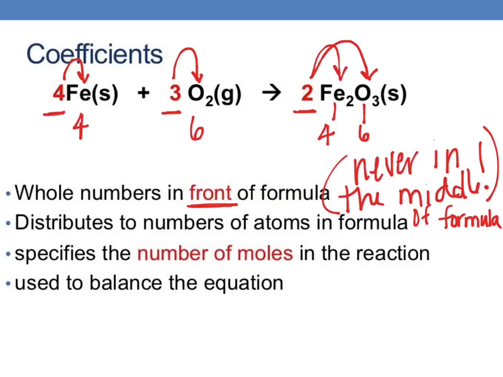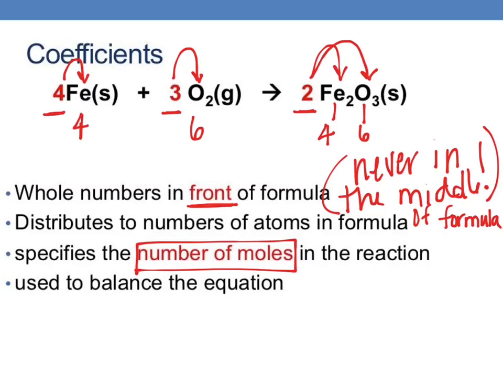In the next unit, we're going to be using these a lot, and I'm going to say 2 moles of Fe, and that means that coefficient is 2. Or here, 4 moles of Fe. So that number in front means that's the number of moles that we have. Do we get to use this sheet on this quiz? Not on the quiz, either.